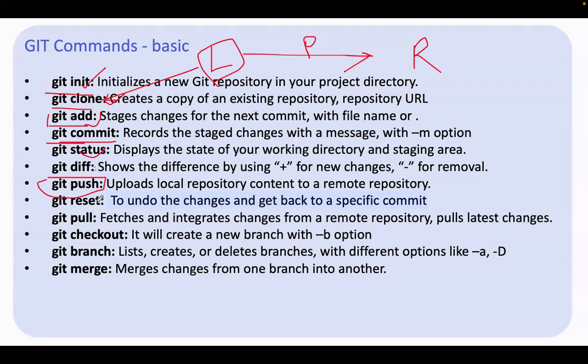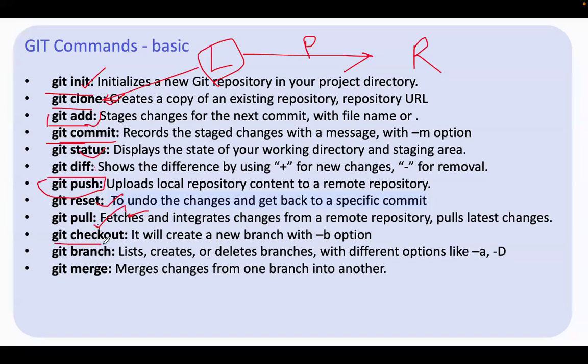Using git reset, you can go back to your old commit. It is similar to Control Z, which is nothing but undo. git pull: like I said, every time you work on a particular repository, you have to do a git pull to pull all your latest changes and update your repository, so that you can work on the latest instead of having commit issues later.